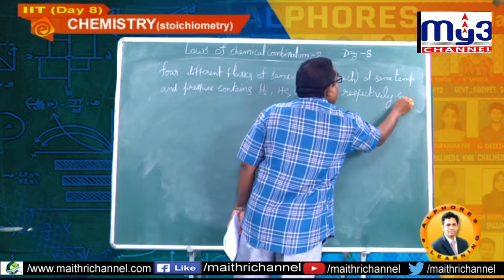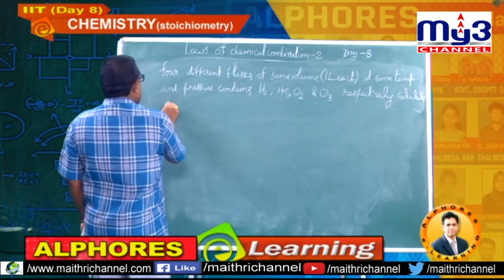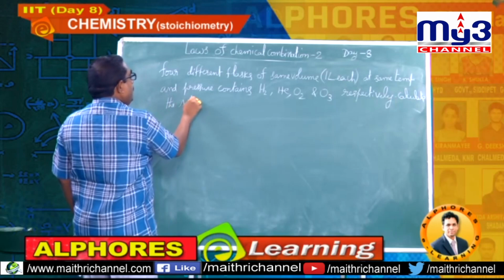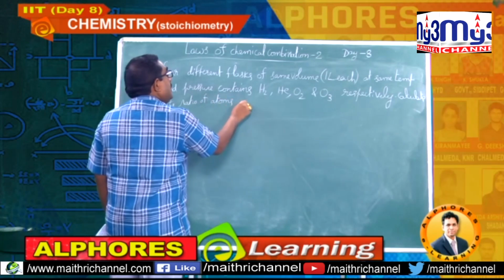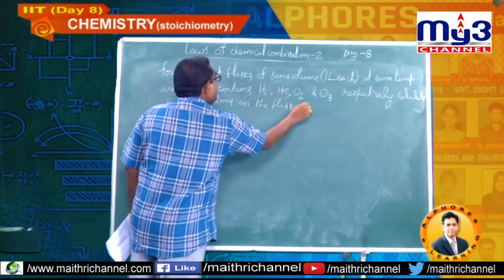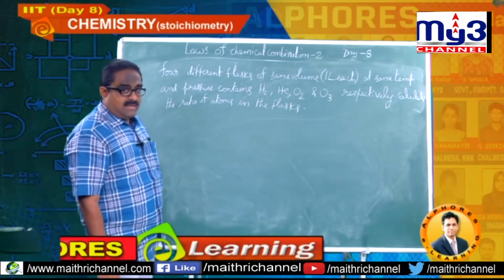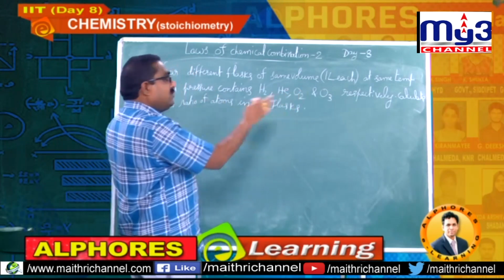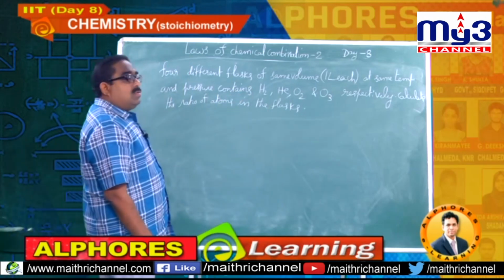Now calculate the ratio of atoms in the flasks. It means respective flasks 1, 2, 3, 4. That's what he is asking you to calculate.